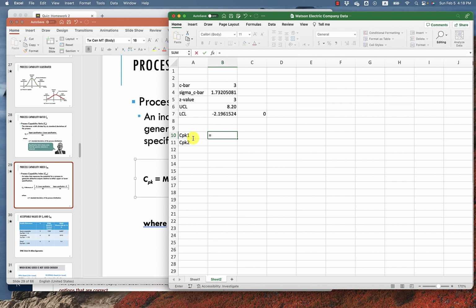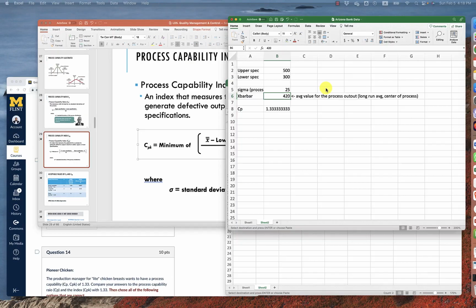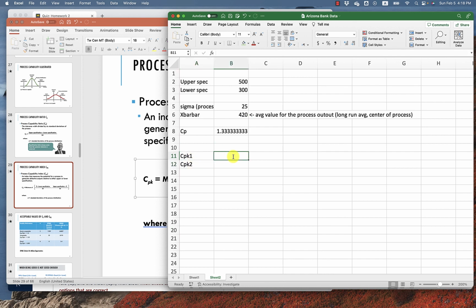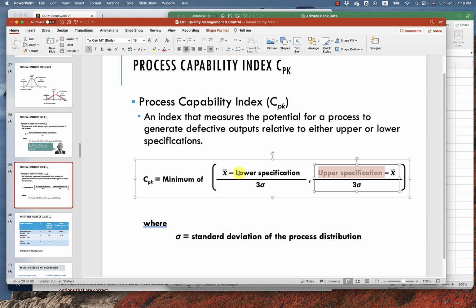So CPK1, I'm going to take the average value, and you're going to subtract the lower spec. This is very important. Don't subtract the higher spec from the average value. Look at the formula: Xbar minus the lower spec.